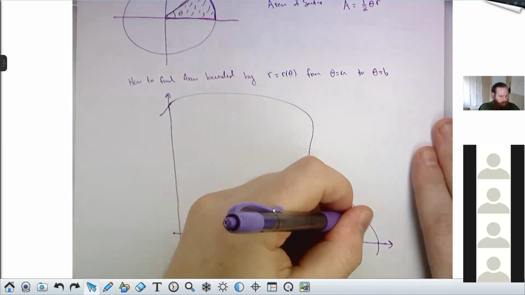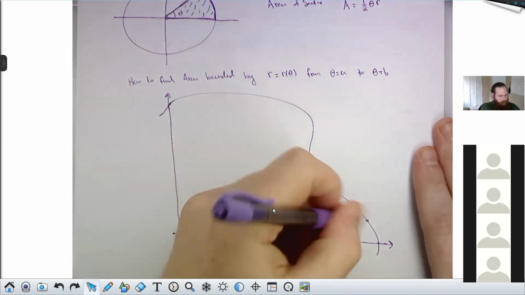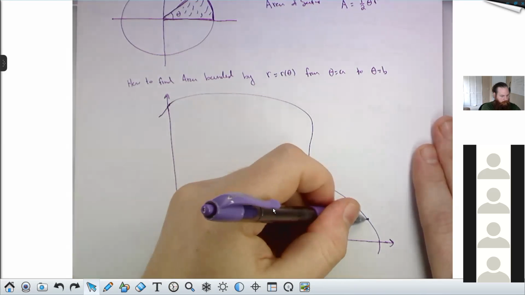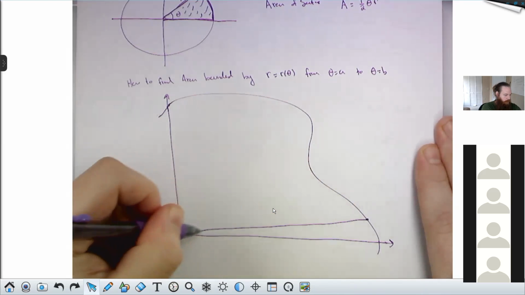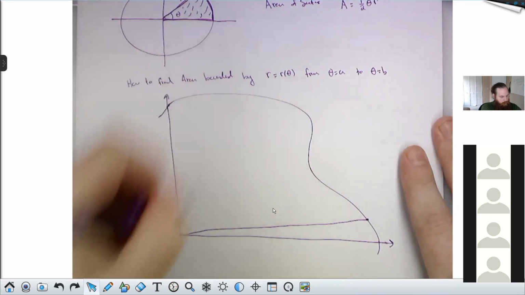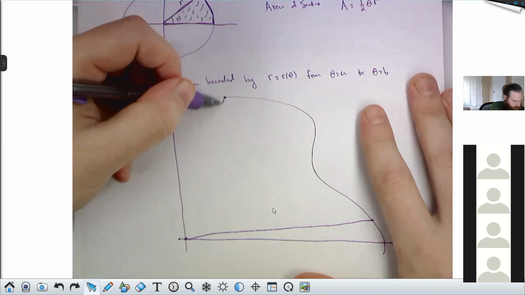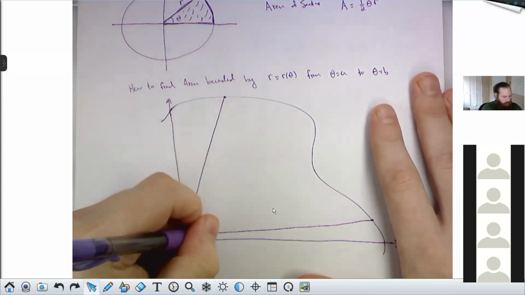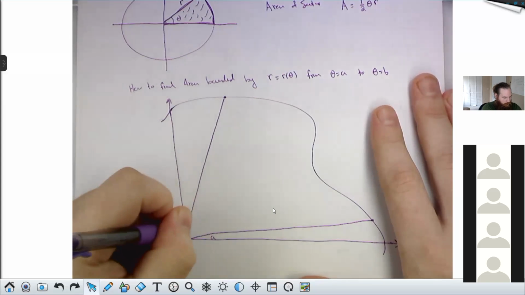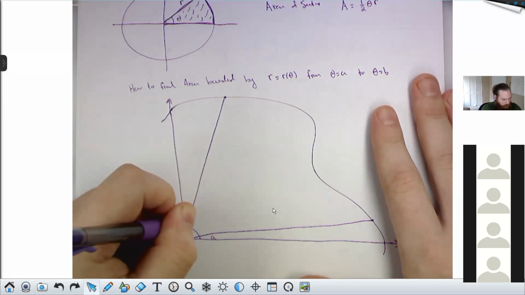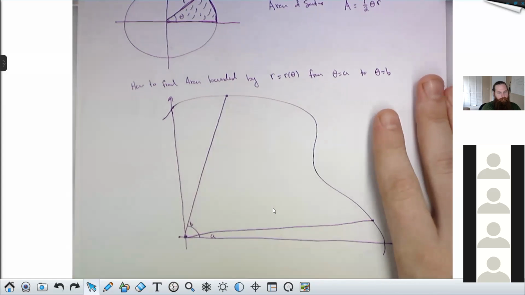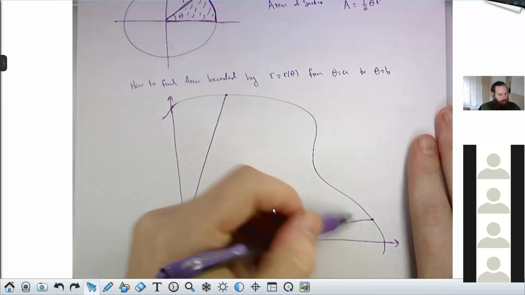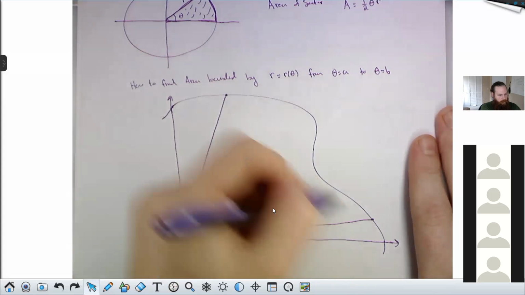I want to find the area from this angle to this angle. So here's a, and this here is b. I want to find the area of this region, the region enclosed here.